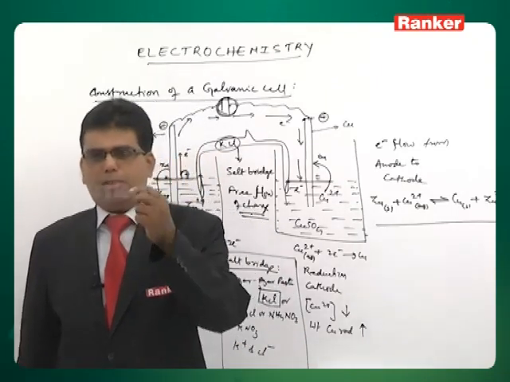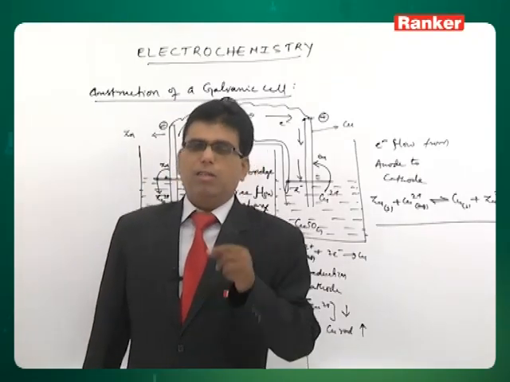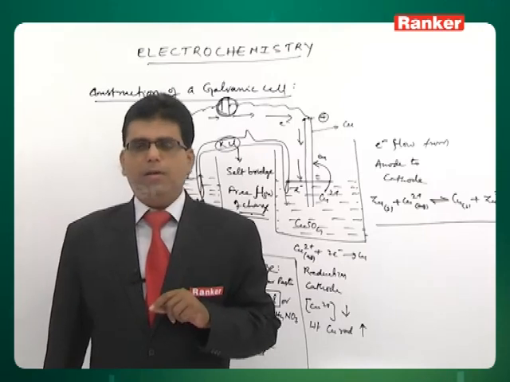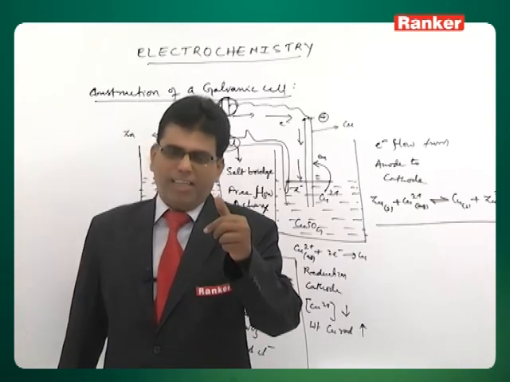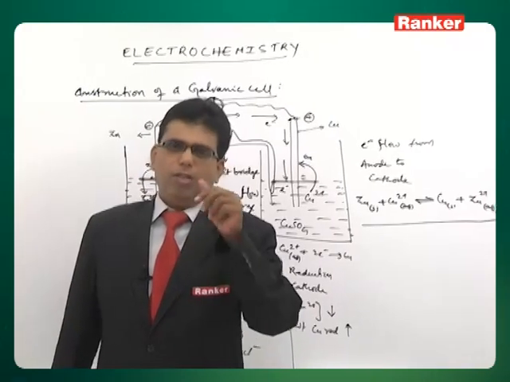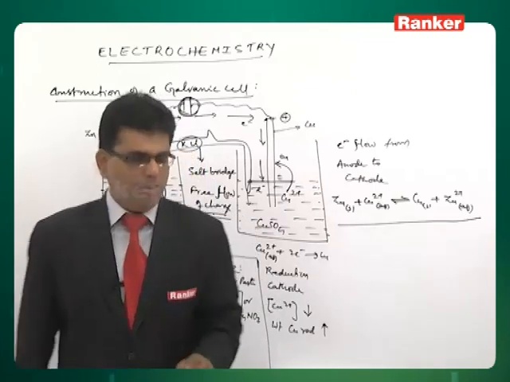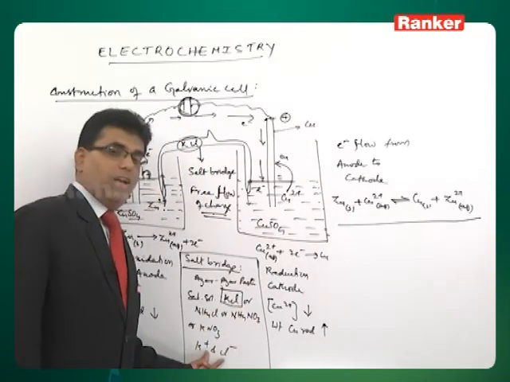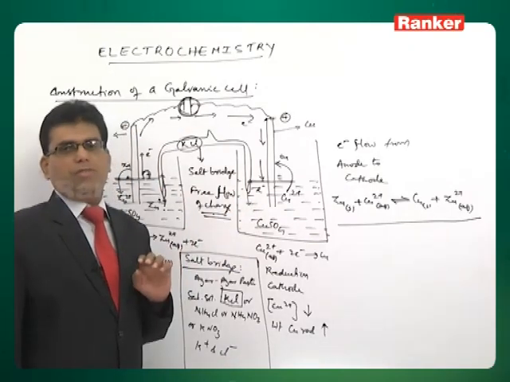Potassium atomic number is 19, so K plus has 18 electrons; chlorine atomic number is 17, so chloride has 18. So K plus and Cl minus, both having 18 electrons, have similar charge density. As a result, both of them will allow the same amount of charge to transfer from one half cell to the other half cell.